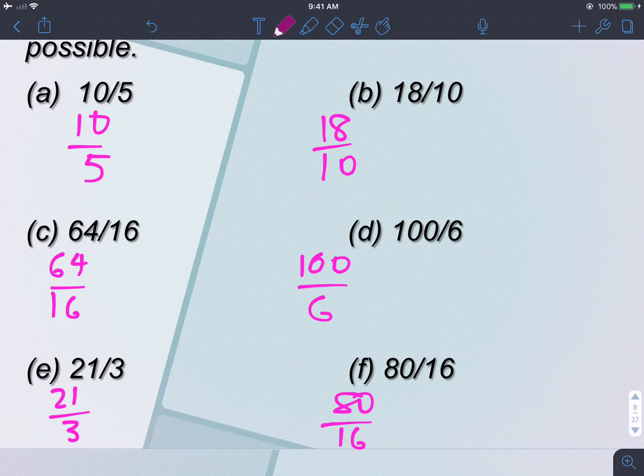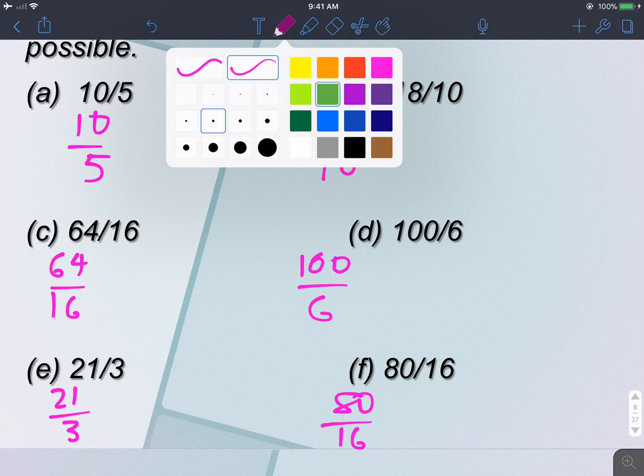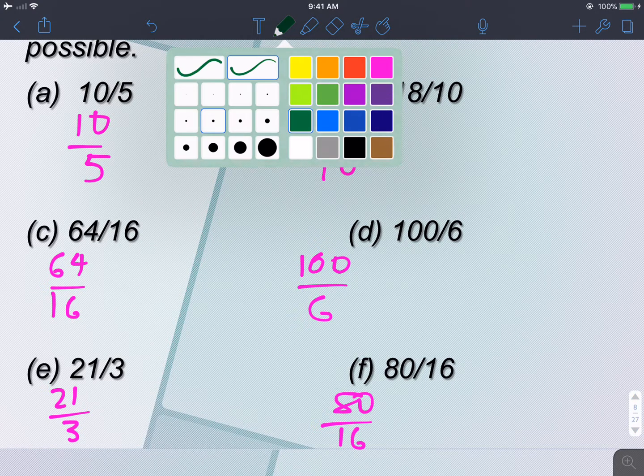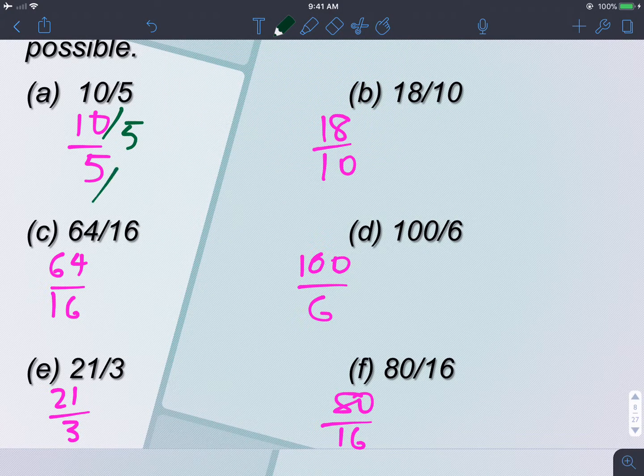Give me a number that goes into both 10 and 5. 5. Good. That's why we do it. We gotta get thinking. You were giving me the answer. All right, good. Common factor of 18 and 10. 2.